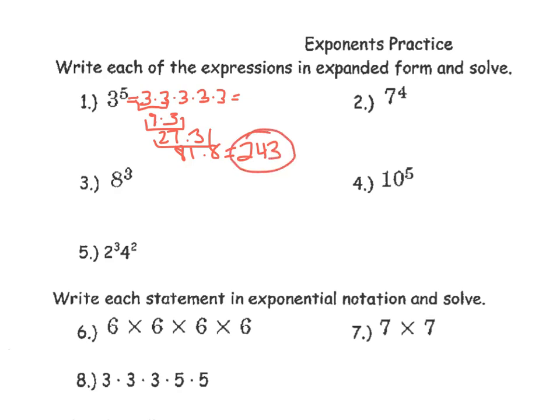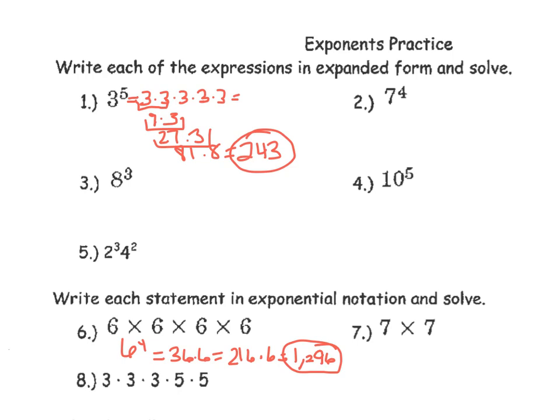For the second part, write each statement in exponential notation and solve. 6 times 6 times 6 times 6 is equal to 6 to the 4th power. And remember, you can always use your notebook to help you work out these problems. 6 times 6 is 36, times 6 equals 216, times 6 more is going to give you 1,296.